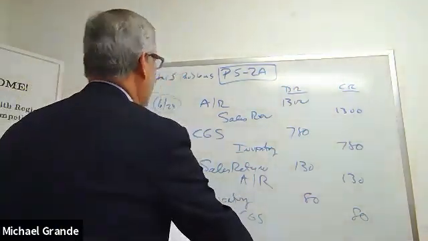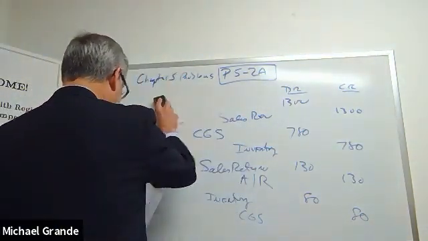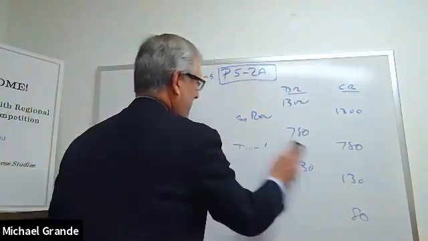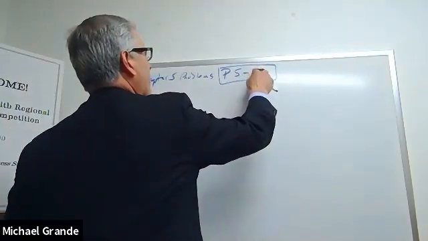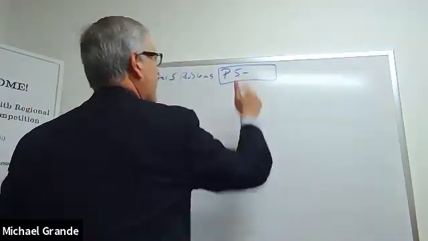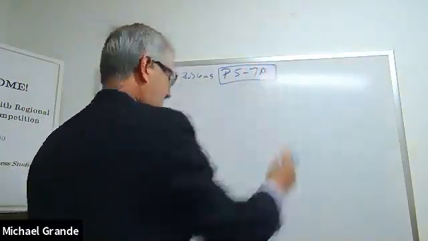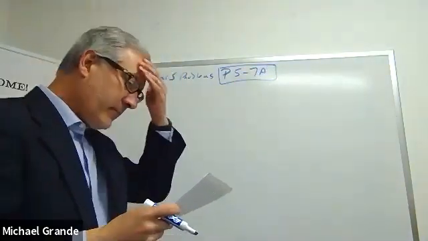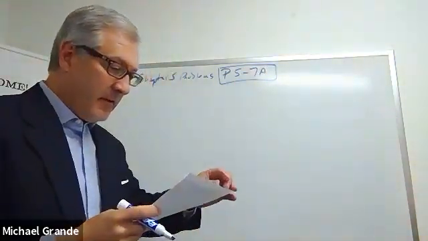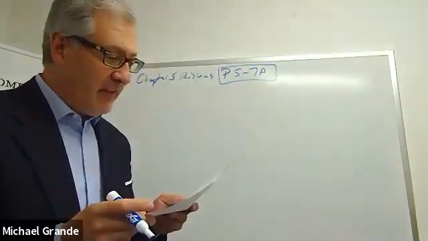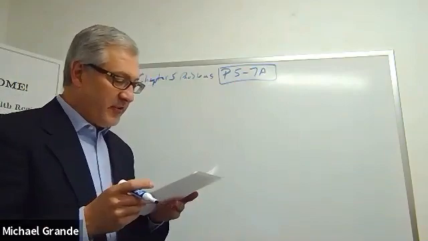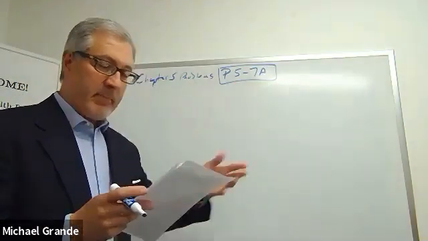Lastly, let's take a look at problem 5-7A. Let's read it. At the end of Oates Department Store's fiscal year of November 30th, these accounts appeared in its adjusted trial balance. Bunch of accounts.